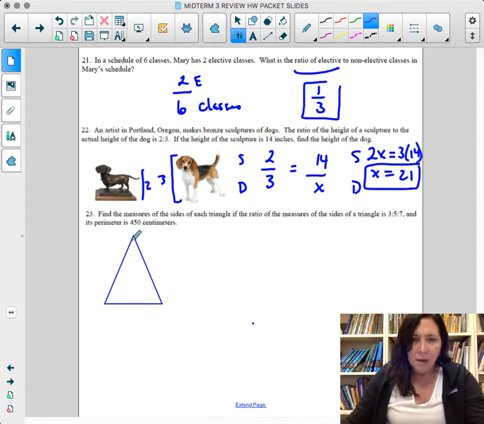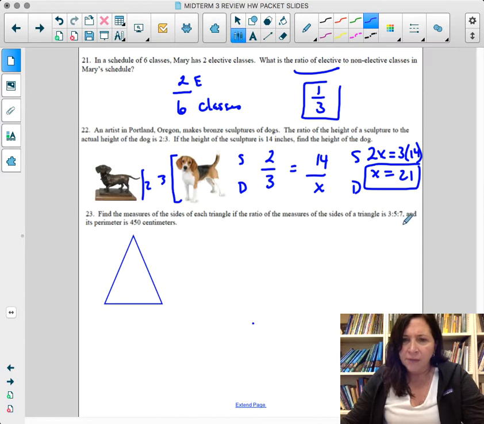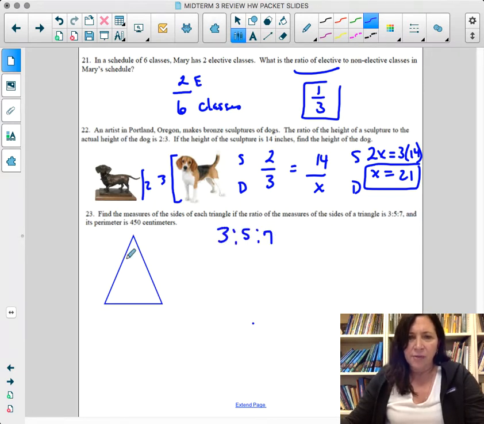All right. The next question says, find the measures of the sides of each triangle if the ratio is 3 to 5 to 7. So they're saying 3 of something, 5 of something, and 7 of something.